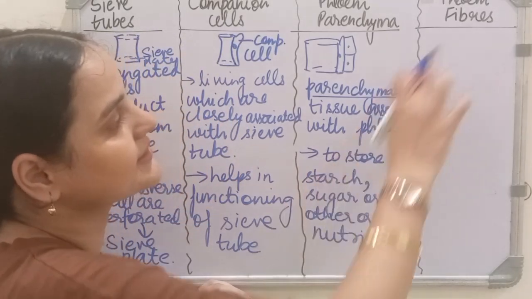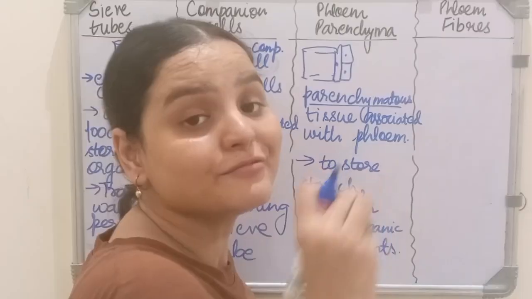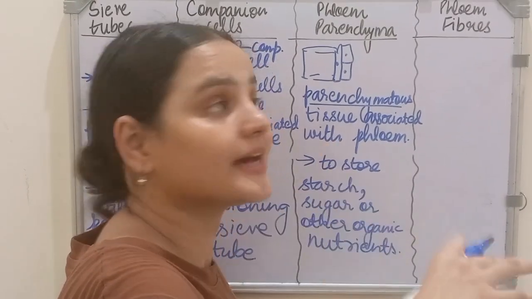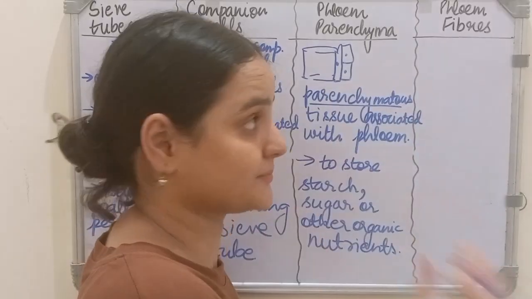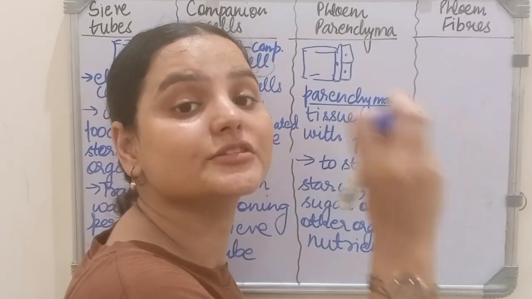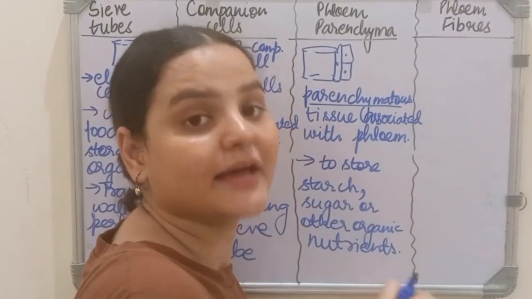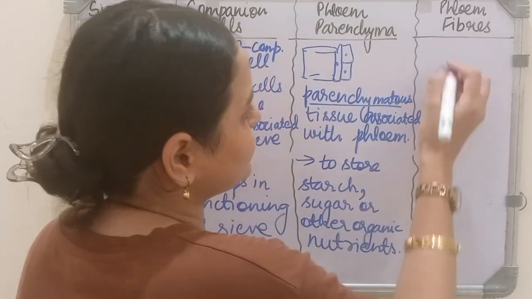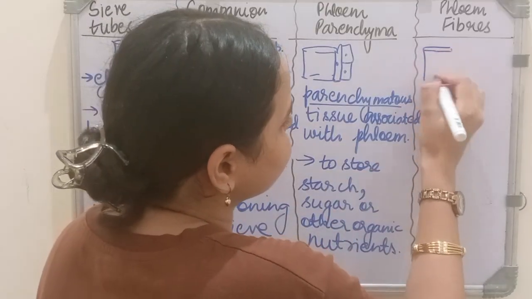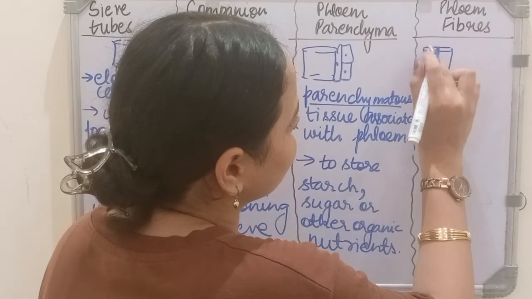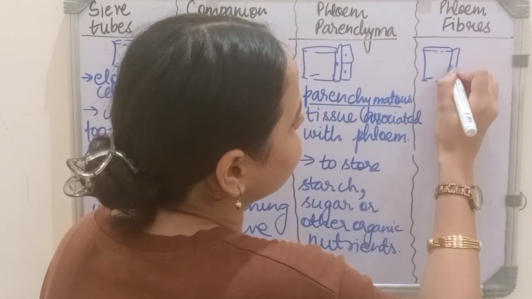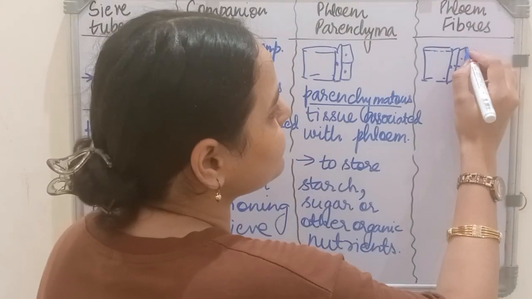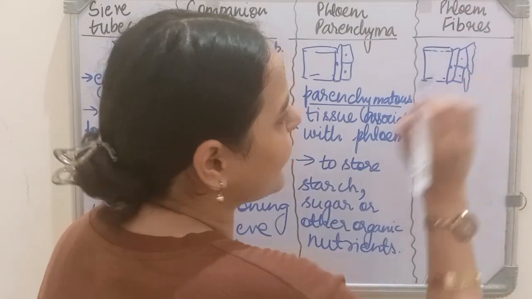Okay, now let's study about the phloem fibers. Fibers are sclerenchymatous tissue, means these are made up of dead cells which are closely associated with the phloem, and because of this they provide support. So this is the sieve tube. With it we have our companion cells, then phloem parenchyma, and then we have the phloem fibers.